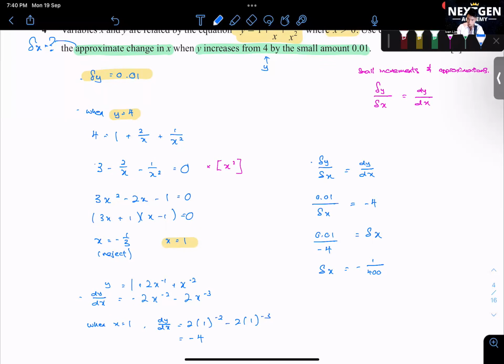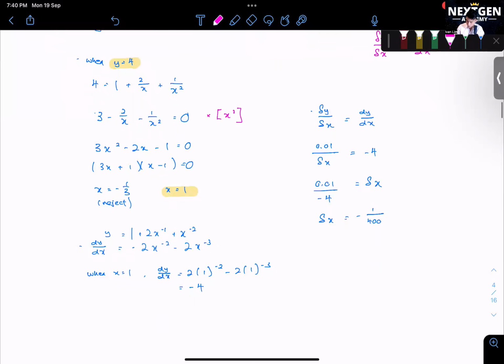Just a short recap also. What types of question will come out for differentiation? Okay, types of question. First one is the typical one, basically all your rules. But they won't ask you purely just rules only. Your gradient function, your power rule, your chain rule, your product rule, your quotient rule.